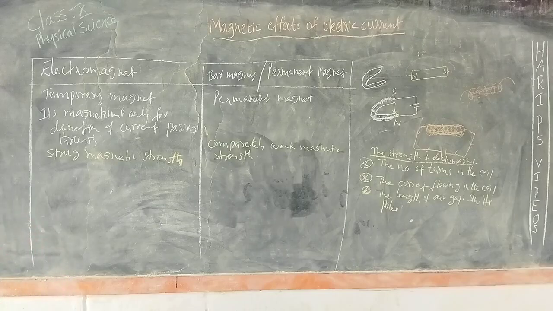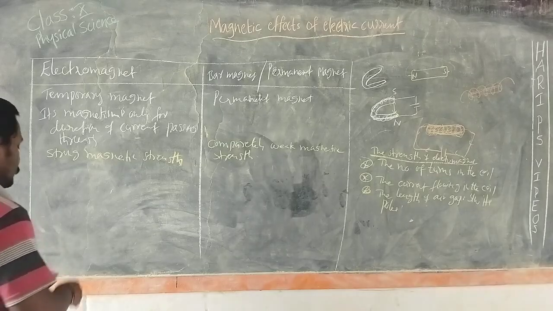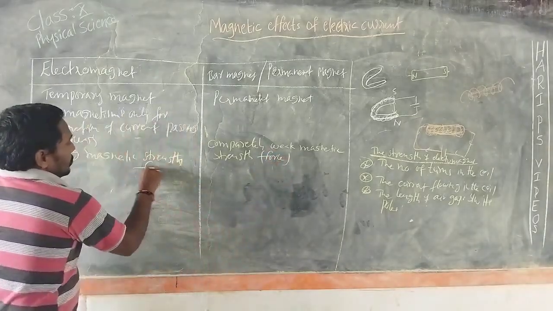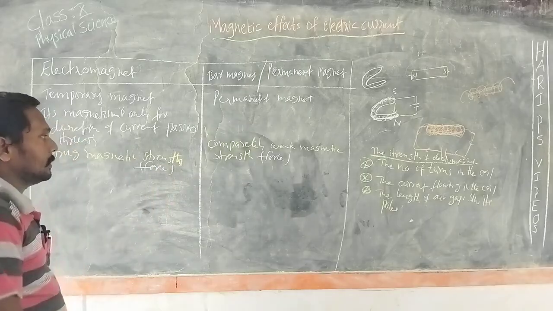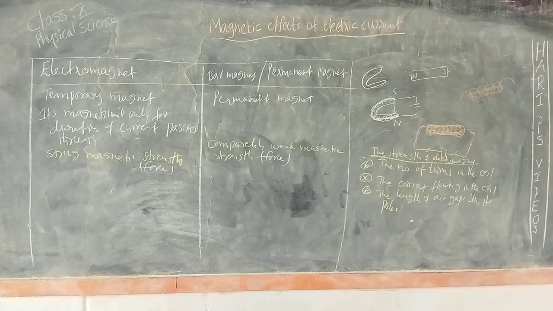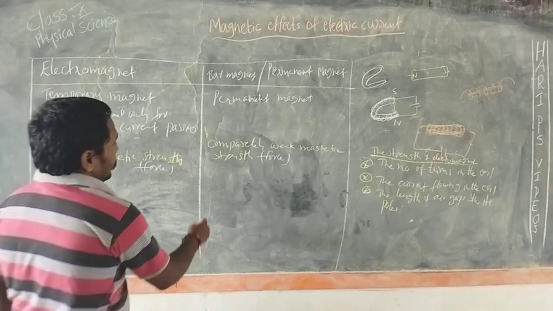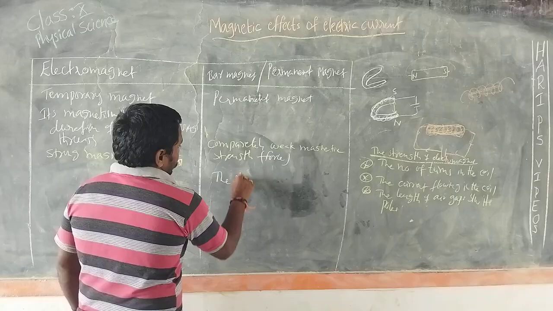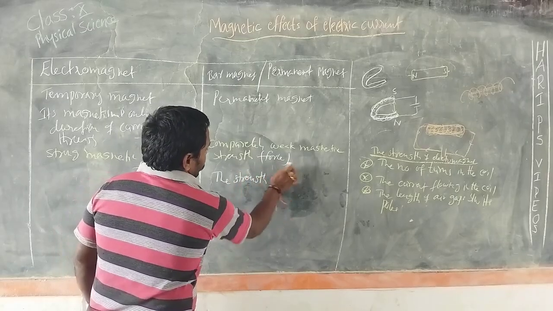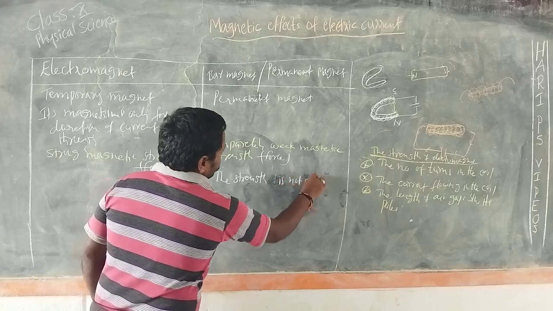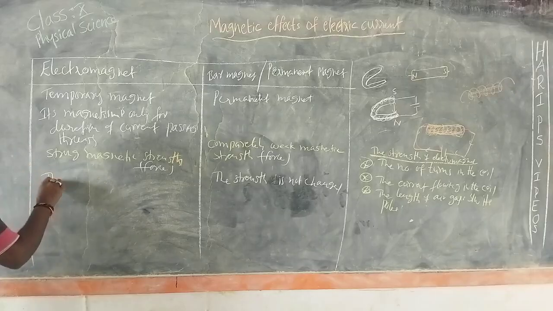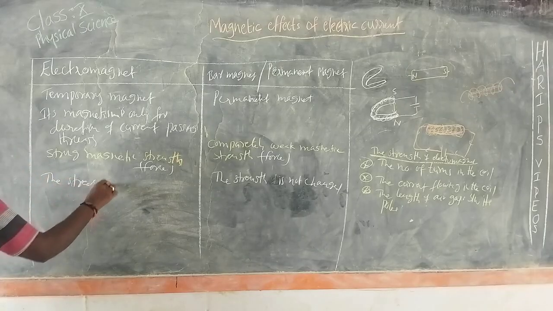An electromagnet can produce very strong magnetic force, whereas the bar magnet produces comparatively less magnetic force. In the case of a bar magnet, the strength of the permanent magnet cannot be changed. Here, in the electromagnet, the strength is changed.